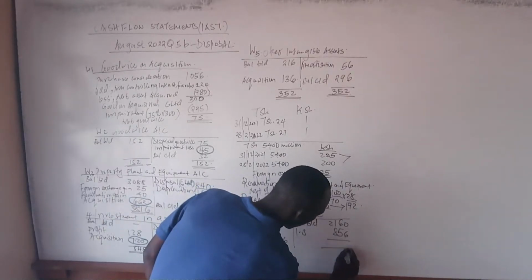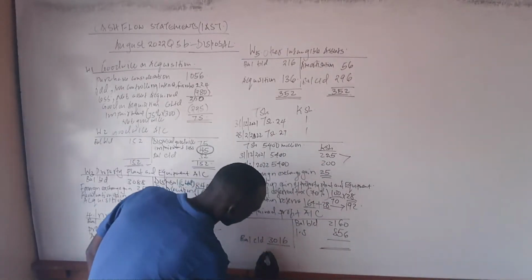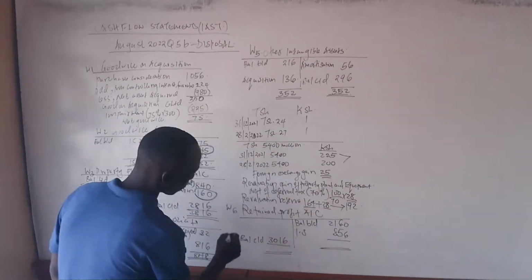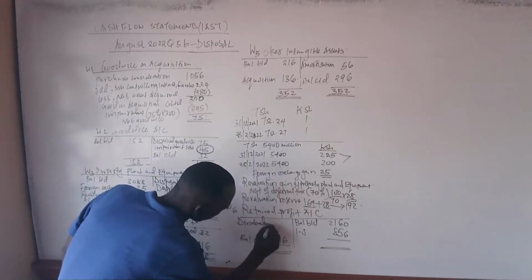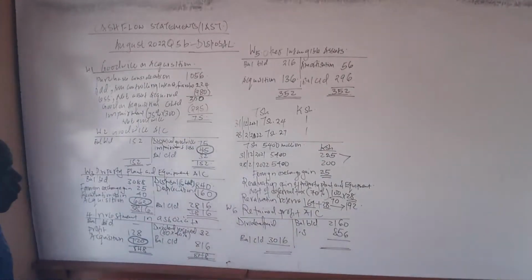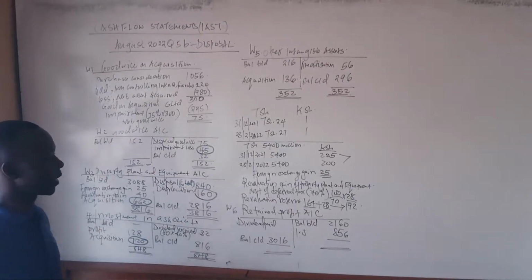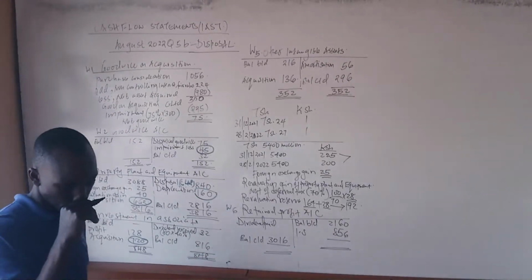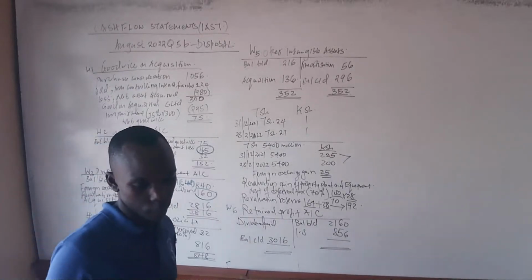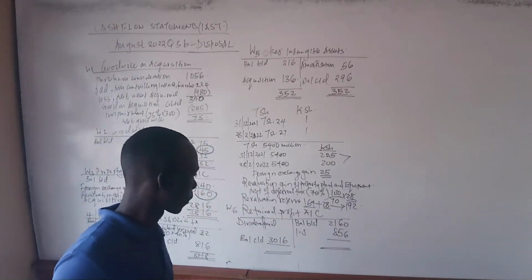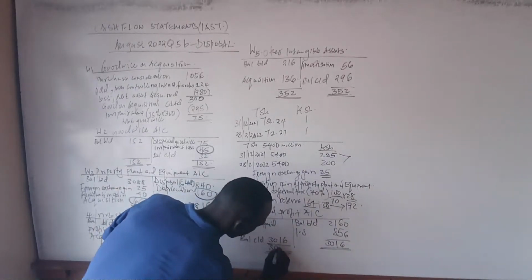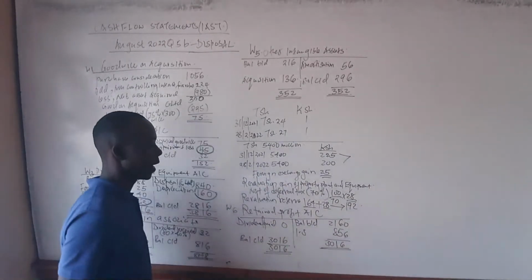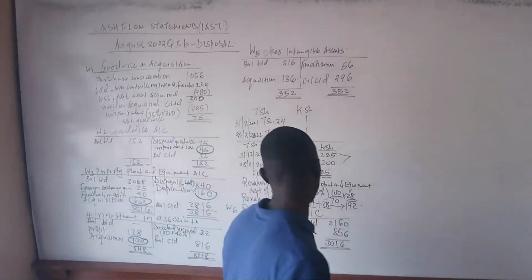The reason we opened this account is for us to get the dividend paid. Compute and tell me how much was paid. 2160 plus 856 gives 3016, so they are balancing, and therefore nothing was paid as dividend.